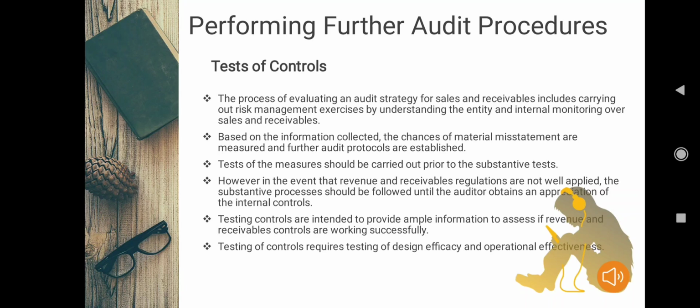Testing controls are intended to provide ample information to assess if revenue and receivables controls are working successfully. For example, vouching and tracing techniques are used to test sales and receivables controls efficiently to guarantee the occurrence and completeness of sales and receivables transactions.